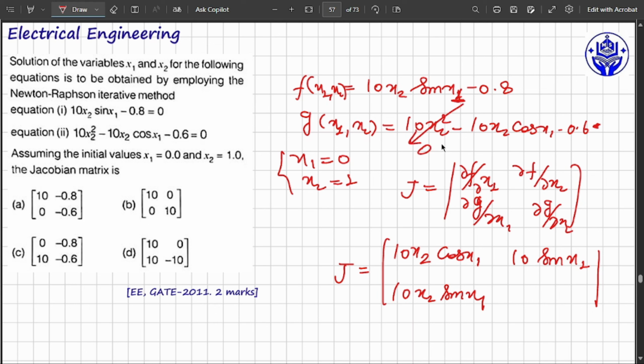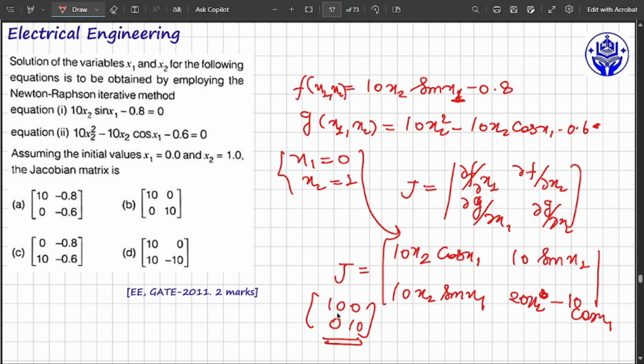Next, if I differentiate with respect to x2, then it will be 20 of x2 square minus 10 cos of x1. Now on putting the values x1 equals 0 and x2 equals 1, I will get 1 0, 0 1 times 10. So this will be the correct answer.